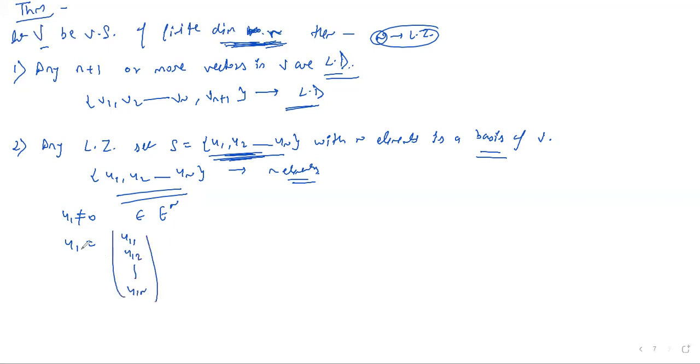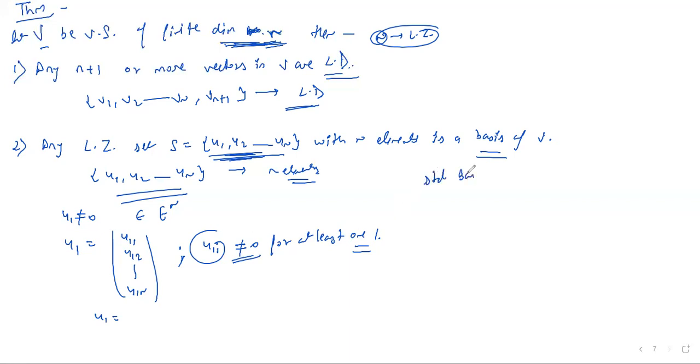Okay, this is how I define the vector u1. And from this I consider that u1i is not equal to 0 for at least one i. Then this vector u1 can be represented as a linear combination of the standard basis vectors.